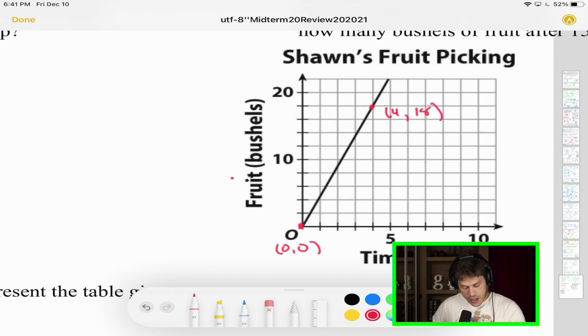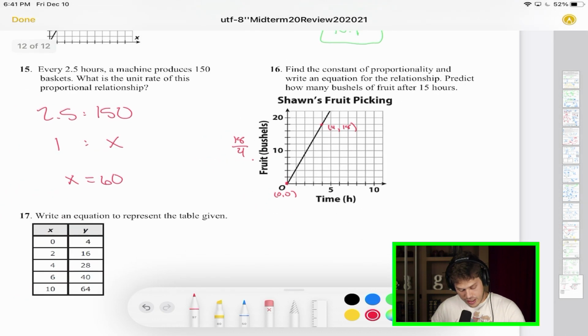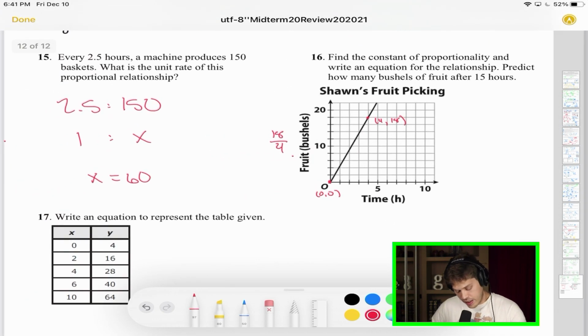So we have rise 18, run 4. So 18 over 4 is our slope. 18 over 4 is 9/2, which is 4.5. So 4.5 is our constant of proportionality.